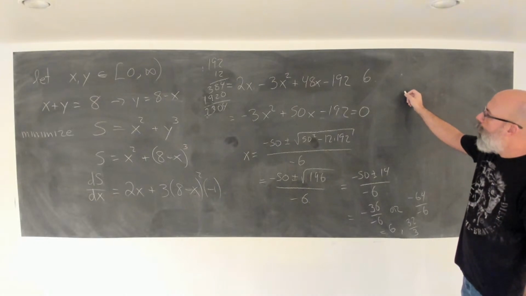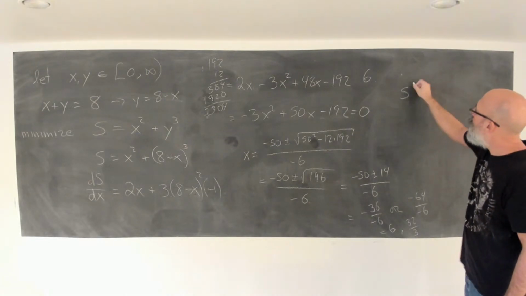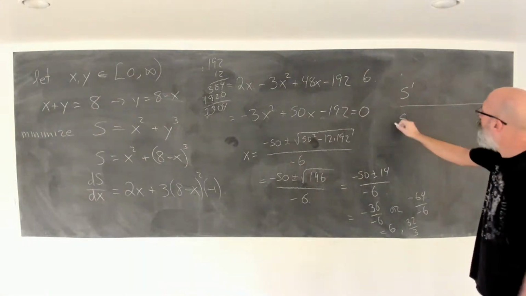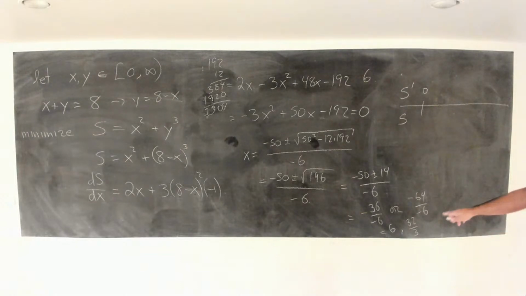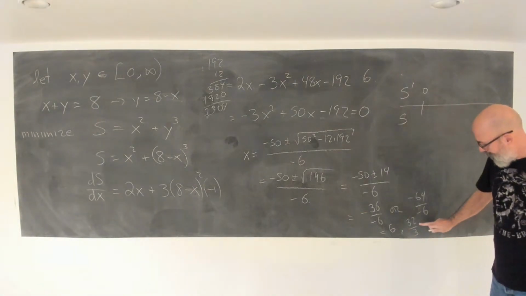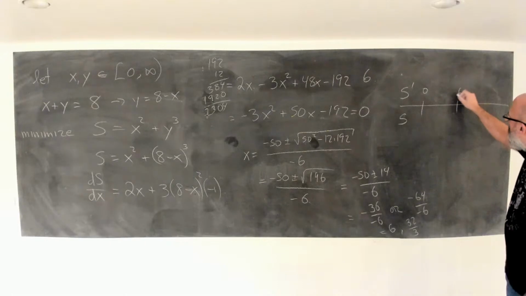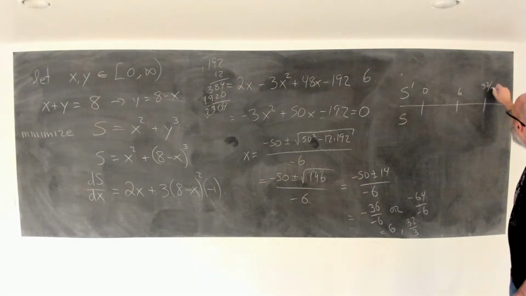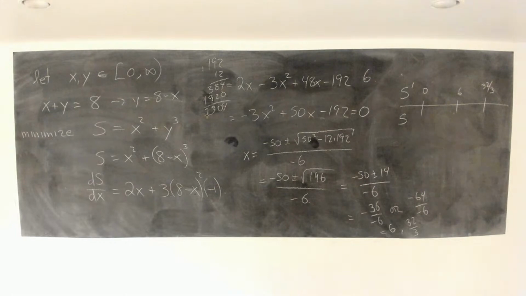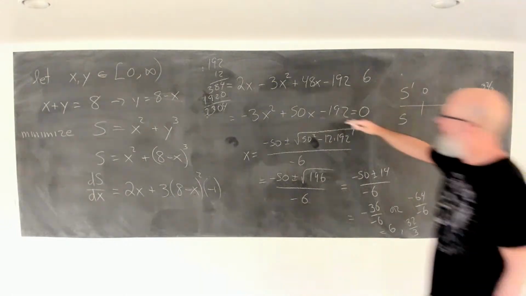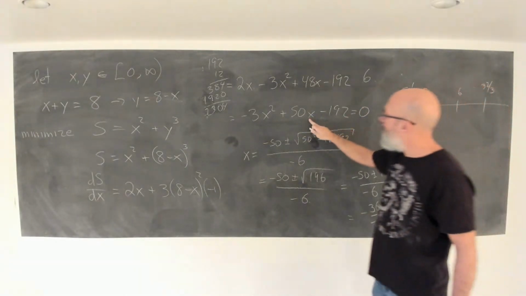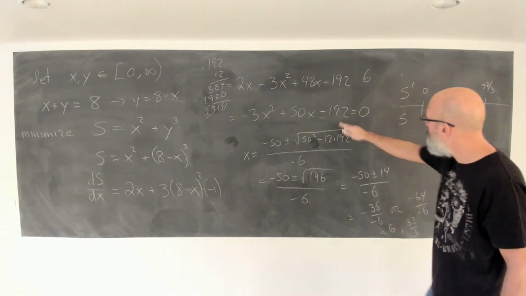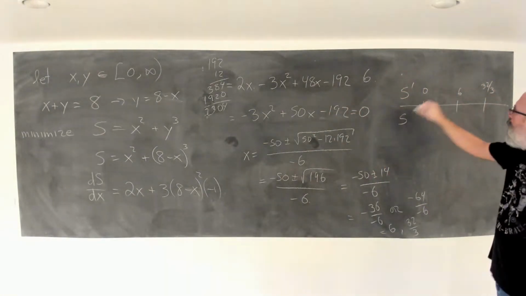So let's draw a first derivative chart. This is almost 10. So it's going to be bigger than 6. And we are looking at this thing. So for values very close to 0, it's going to be close to 0. So the whole thing is going to be close to negative 192.